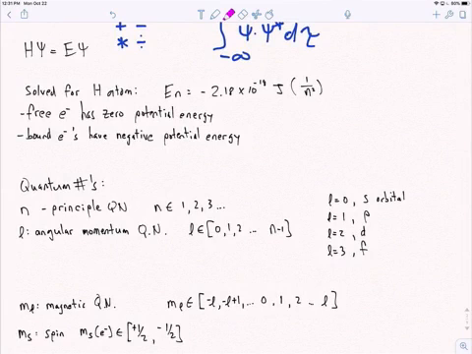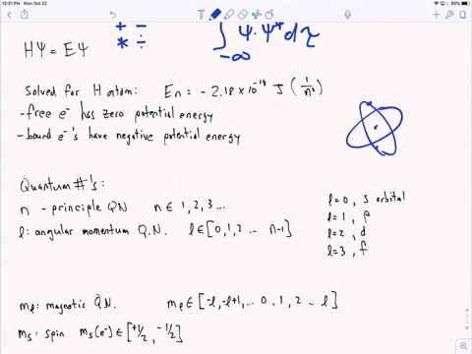Now, if L is 0, we say that that orbital is an s orbital. So what is an orbital? This is going back to the Bohr model. Maybe you've seen the Bohr model, and they show this in a lot of pictures, where you have electrons in orbits around the nucleus.